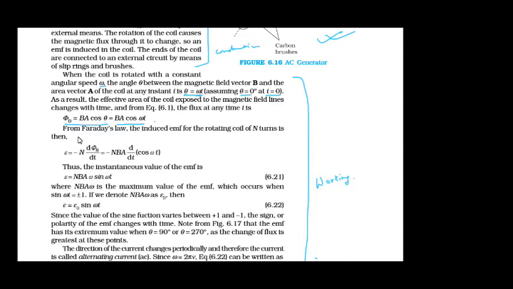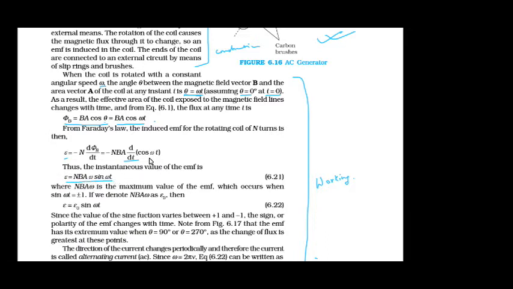From Faraday's law, the induced EMF for the rotating coil of N turns is E equal to minus N d phi B by dt, that is minus NBA d cos omega t by dt. Thus, the instantaneous value of the EMF is E equal to NBA omega sin omega t.